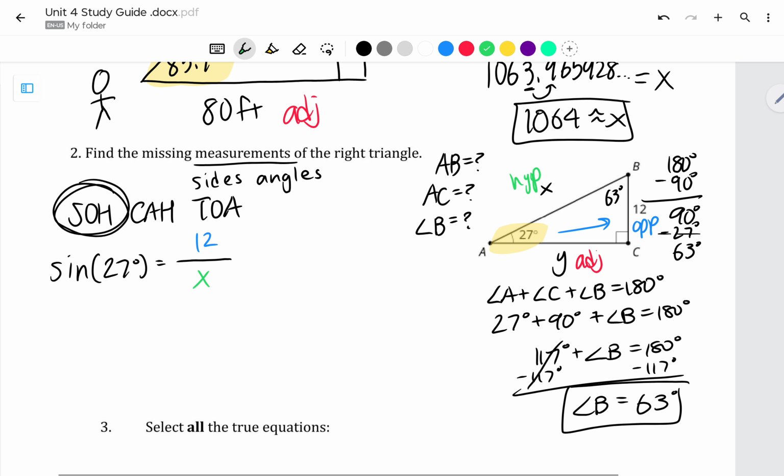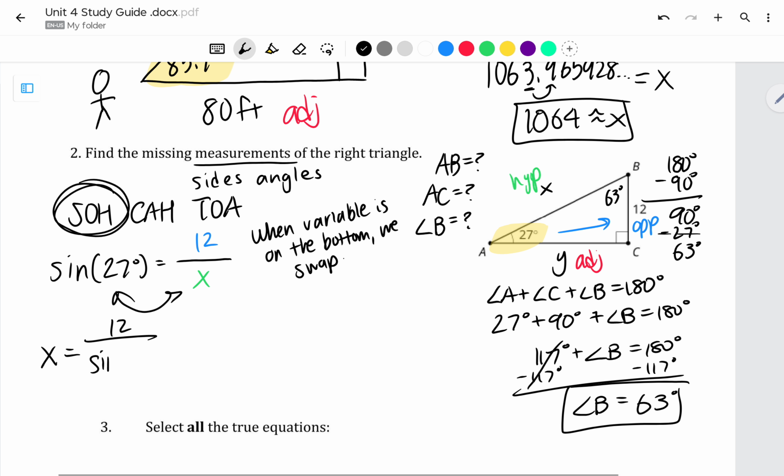Remember, there's a shortcut every time when the variable is on the bottom, we swap them. That's the shortcut. So when we do 12 divided by sine of 27, we get about 26.4. Let's round it to the nearest tenths place, 26.4.